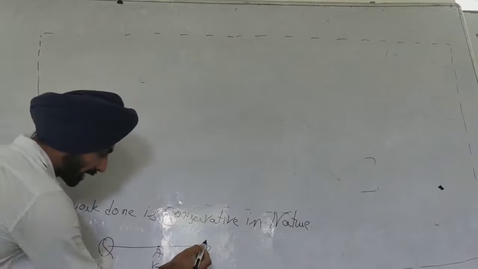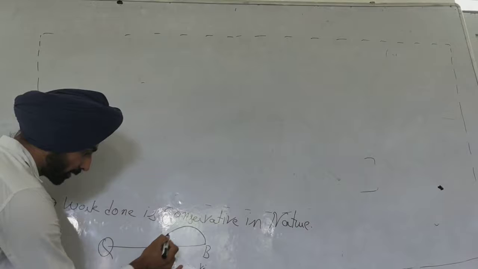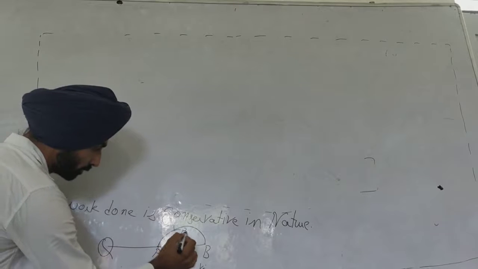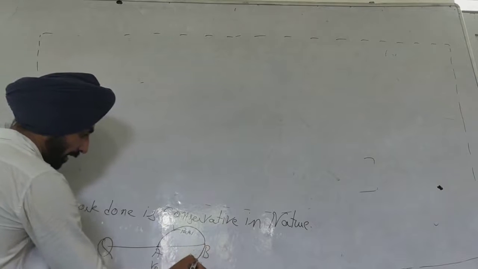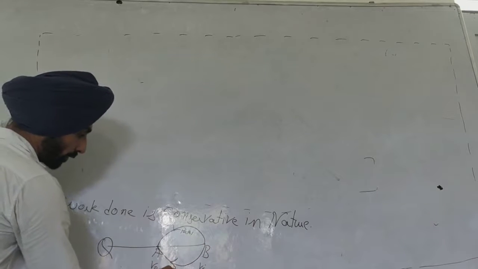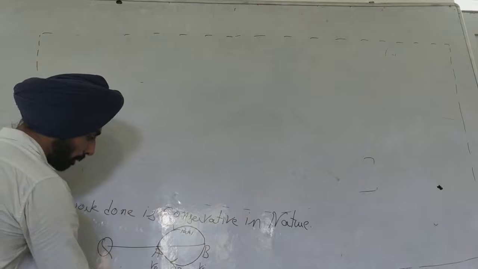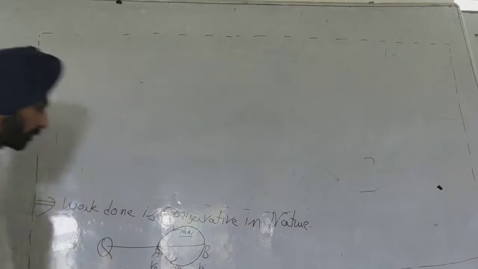So you are taking a test charge from B to A by this path. This is path number 1. And in the second case, you are taking the test charge from B to A by this path. This is path number 2.